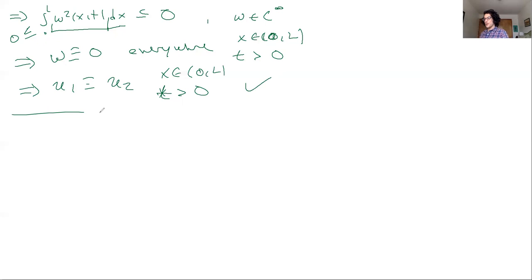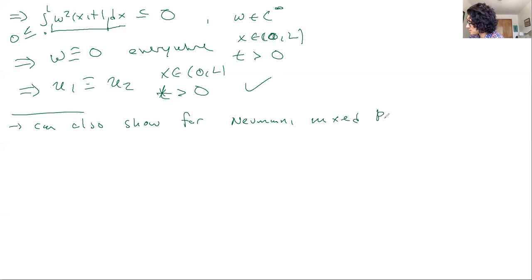You can show something similar for Neumann and mixed boundary conditions. A mixed boundary condition would be that u at 0,t equals some a of t, and u_x(L,t) is equal to some b of t.